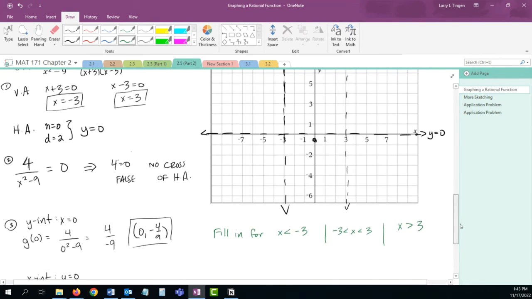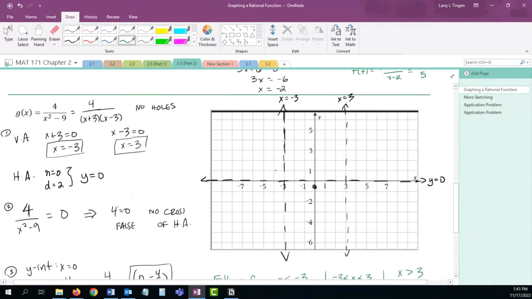So did you notice last time that if I'm really close to these vertical asymptotes, you remember last time how that y value was off the chart immediately? So because of that, instead of picking negative 4, let's pick negative 5 or negative 6 or negative 7, because when I get really close to this vertical asymptote, I'm either going to be diving for negative infinity or for positive infinity.